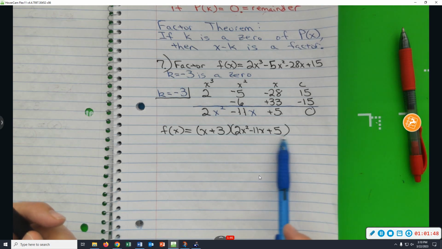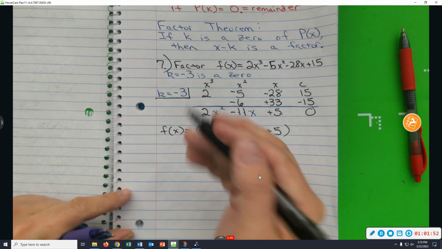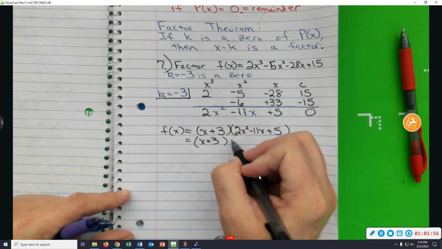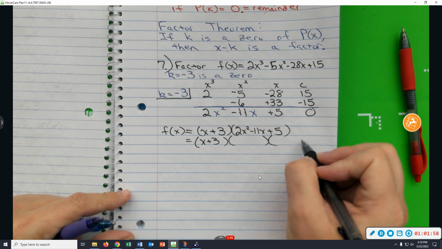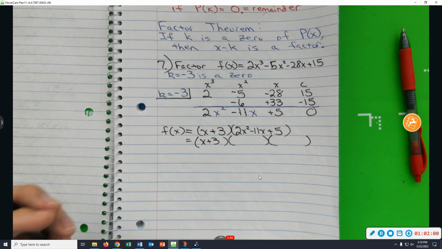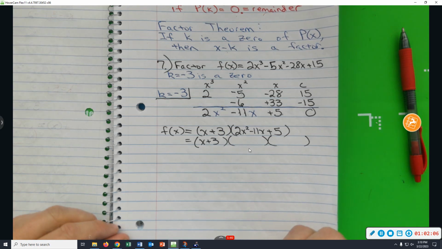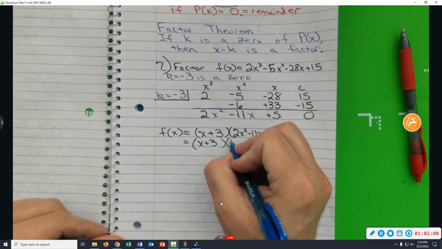Now we have to factor this thing here. So I'll go ahead and bring down the x plus 3. We have our 2 sets of parentheses. What times what is going to give us a 2x squared? 2x and x.